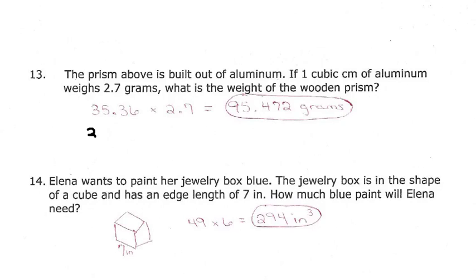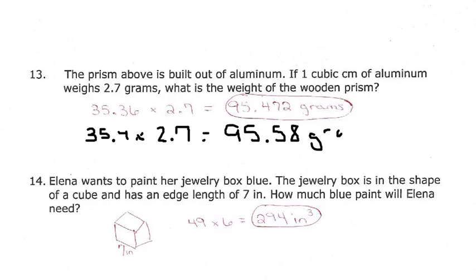However, if you use the rounded one, 35.4, and you multiply that by 2.7, your answer would be 95.58 grams. So if you calculated it with the rounded version, that would be your answer, so either one would be correct. Number 14.